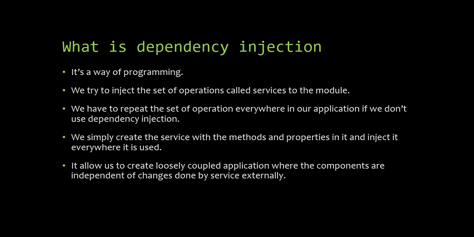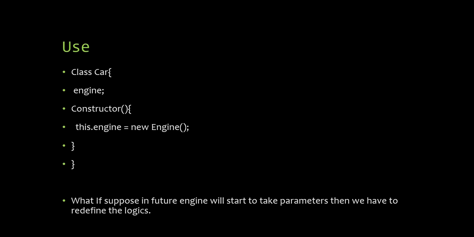It allows us to create a loosely coupled application where the components are independent of changes done to the service externally. So you have to know what loosely coupled and tightly coupled applications are. Suppose we have a class Car that is using an Engine, and in the constructor we create a new engine object.